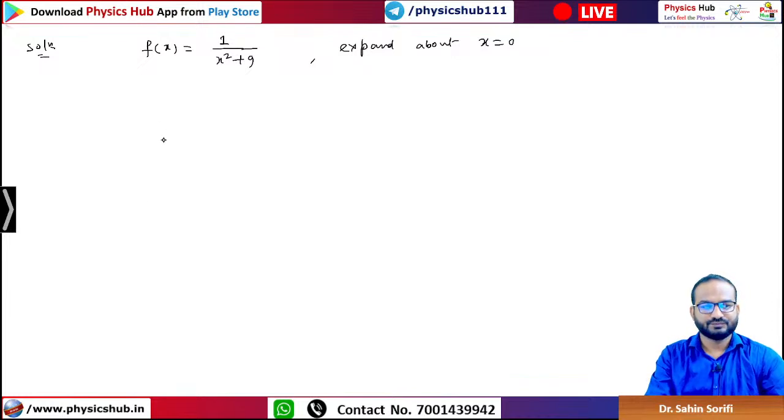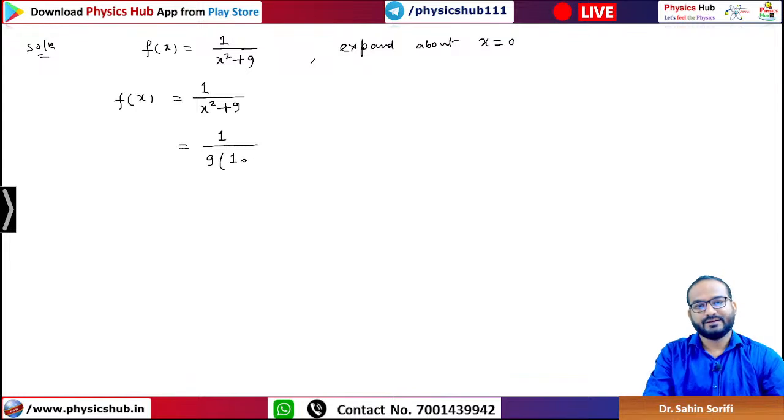Is it? You see, f of x is equals to 1 by x square plus 9. So we can write it in this way, 1 upon 9 you need to take common, 9 1 plus x square by 9. So this is 1 upon 9 1 plus x square by 9 inverse.